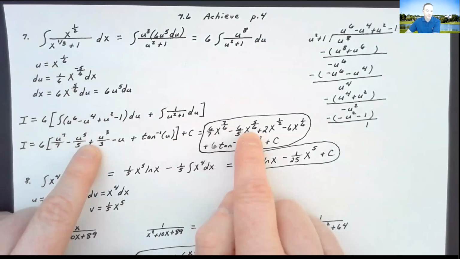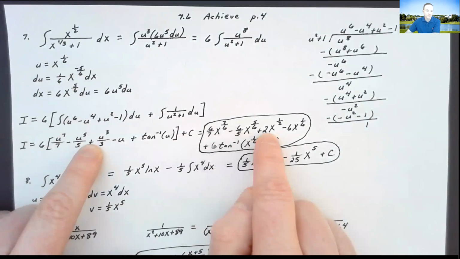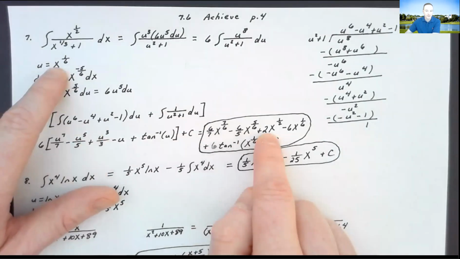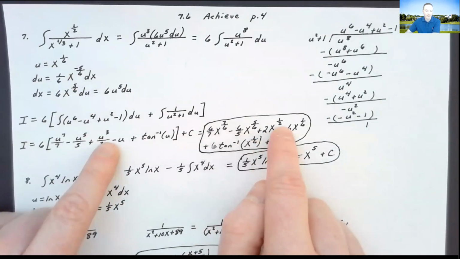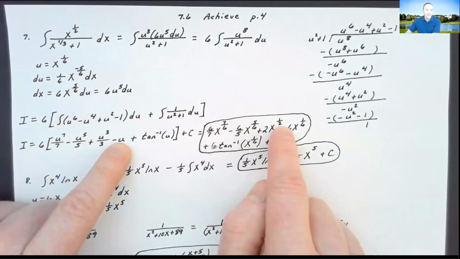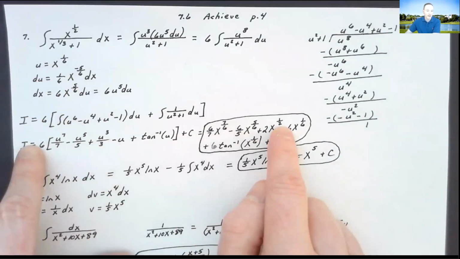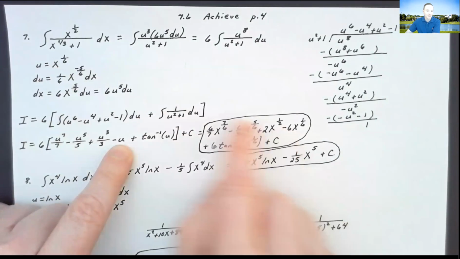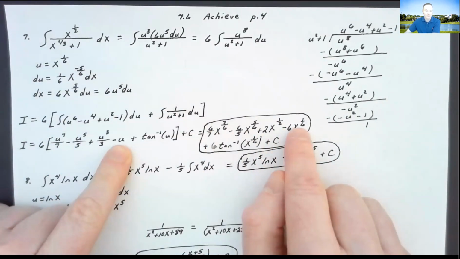And then you're going to have plus 6 over 3, that's going to be plus 2, times x to the 3/6, which is just x to the 1/2. And then minus u becomes minus 6 times x to the 1/6 there.